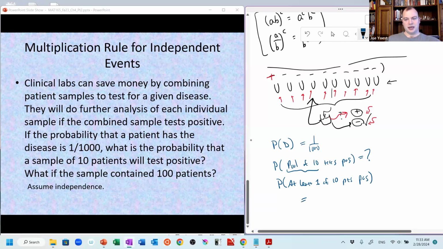But I do notice that the complementary event is a lot easier. The complementary event for the pool testing positive is that the pool tests negative, or in other words, that none of the patients are positive. The probability that no patients are positive, or the probability that all patients are negative for the disease.